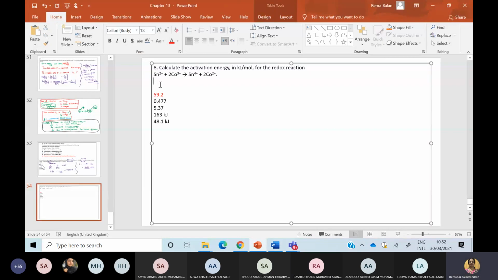Yes, these are the things given. I'll write here. There is no place. So when you see this table, don't get confused. When the temperature is 2 degrees, k is so and so. When the temperature is 27 degrees, k is so and so. So you have to find the activation energy in which unit? Kilojoules. So you know which formula to use. So you have to convert. You know how to do it, right?